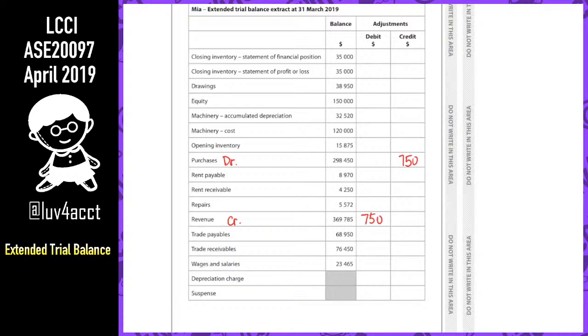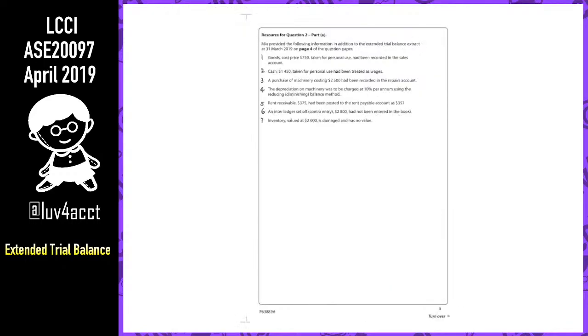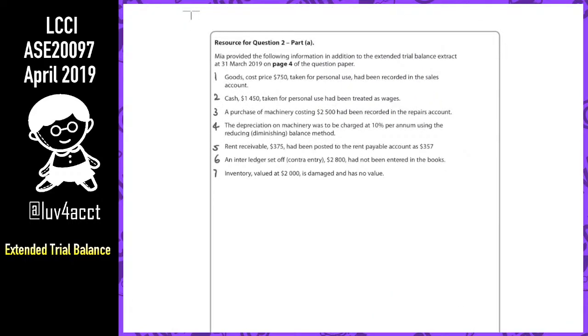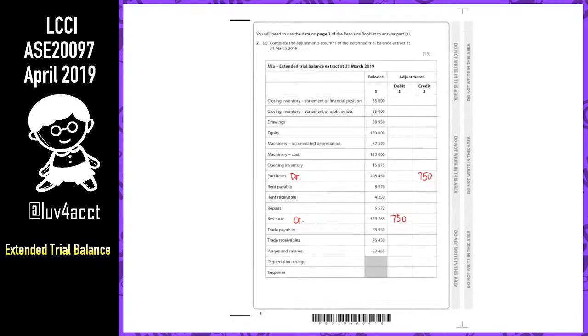It is not mentioned whether the drawings is correct or not, so we have to assume that it is. Next, item 2: cash 1450 taken for personal use had been treated as wages.